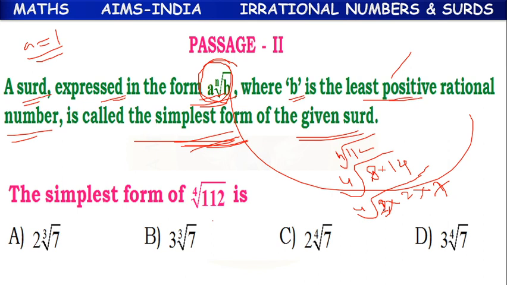One more 2 is there, 2 power 4, means the fourth root of 2 power 4 into the fourth root of 7. So the root 4 and 4 cancel. So 2 into the fourth root of 7. So this is the simplest form.